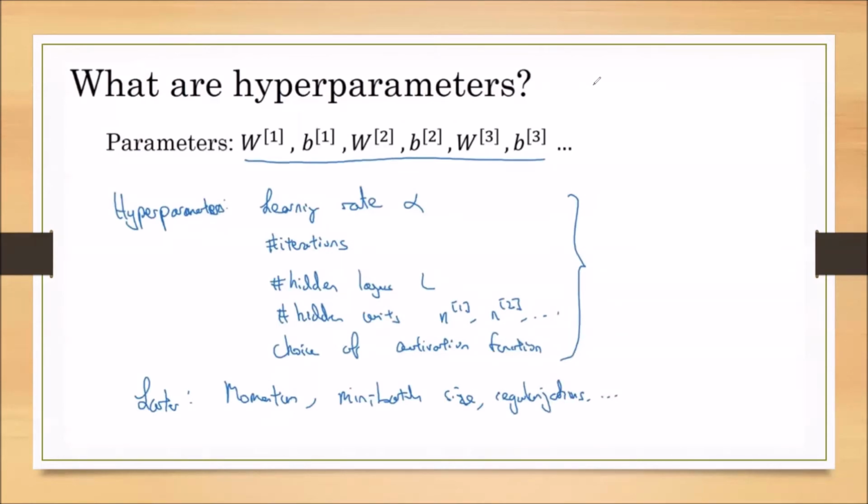But how do we know the proper value for alpha, the proper number of iterations, the proper number of hidden layers, the proper number of hidden units? To say it in the right words, we should go with iterations, with a number of trials. Then only will we come to know the real alpha.